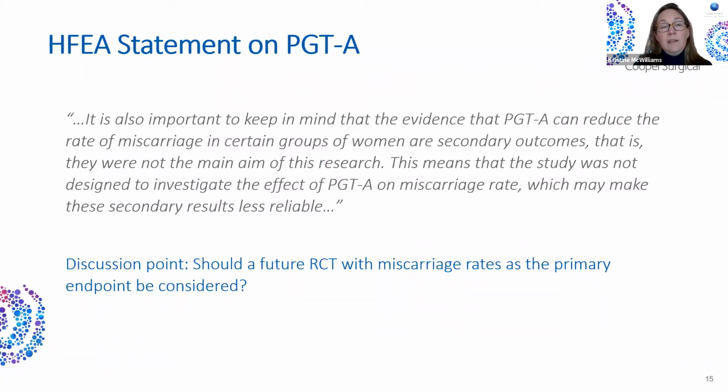Studies such as these have been recognized to some extent by the HFEA, who released a statement that noticed that some of these RCTs have shown some evidence of miscarriage reduction with PGT-A. However, they highlighted that because miscarriage reduction utilizing that technology was not the primary endpoint of the study, the findings of miscarriage reduction should be taken into context.